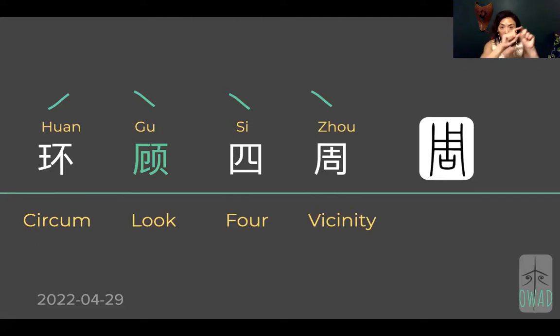That is the shape we're talking about. And in terms of looking, people were smart back then: looking around, they give you that shape, which means you're looking 360 degrees around, just like looking in a circle.